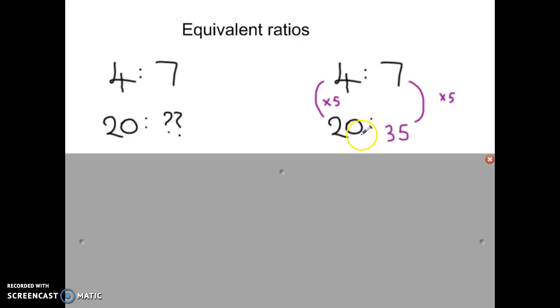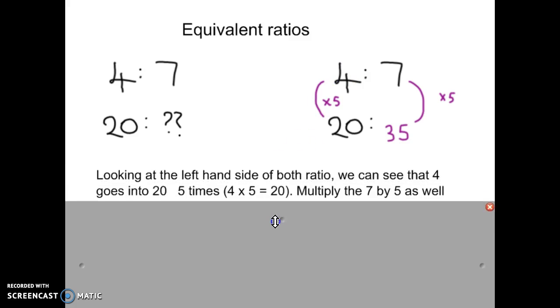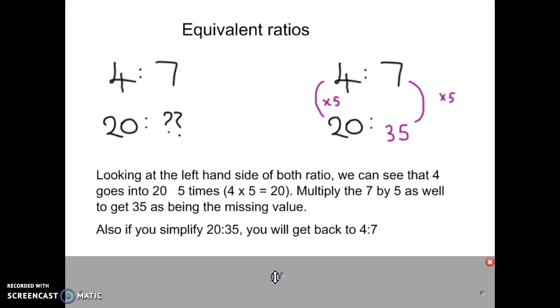And very importantly, if I were to simplify 20 to 35, I would end up with 4 to 7. So yeah, I've just put in words on the slide what I've just explained there. I'll leave that on screen for just a few seconds for you to read, and then we'll move on.